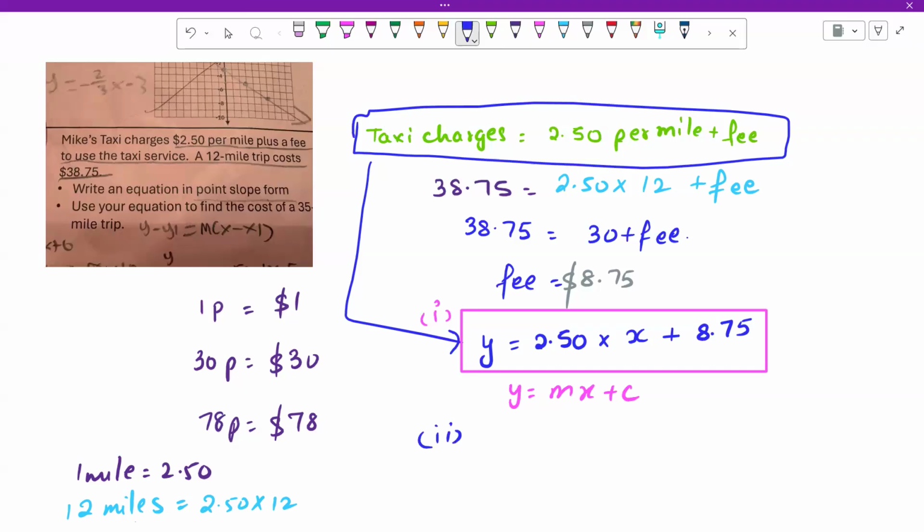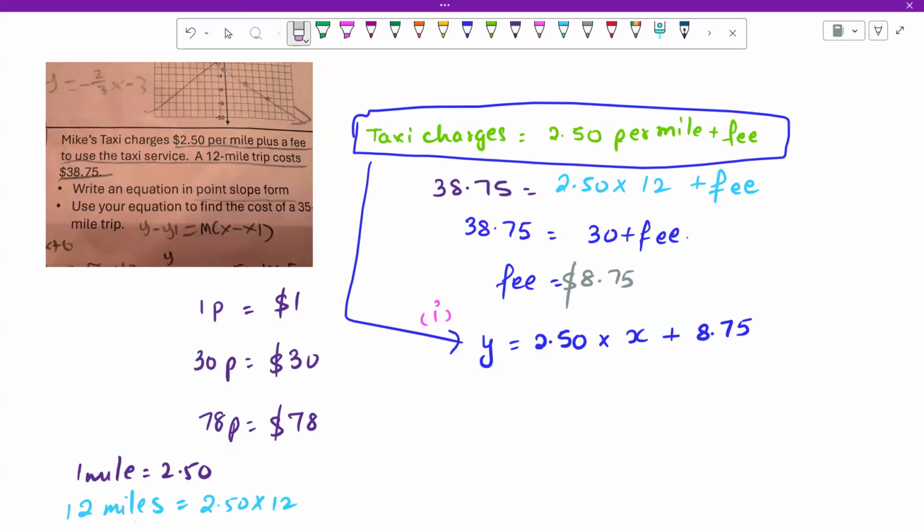Wait, but it said write it in point slope form. Yeah. Okay. No worries. We can do it in point slope form as well. So for writing this into the point slope form, what can we do? Here, you can plug in the x and y values. No, then that will give us the answer, right?